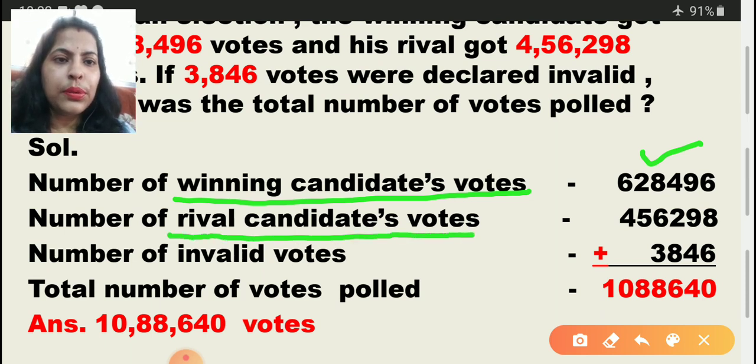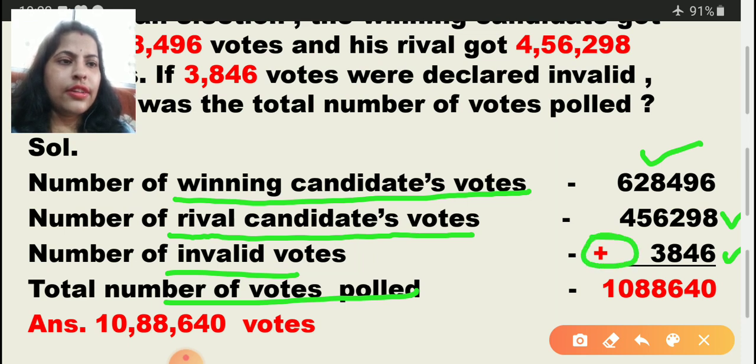The person who lost the election got 4,56,298 votes. Number of invalid votes: this is the invalid vote count, 3,846. Total number of votes polled: you have to add. Then only you will get the total number.